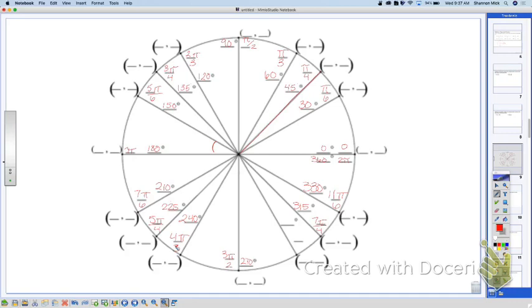I don't know, 5 pi over 6. How do you know if that's going to be from 180 or something? Okay, I know 5 pi over 6 is in the second quadrant. Is that what you're asking, where the angle is? Yeah. I know it is in the second quadrant because it's over half.